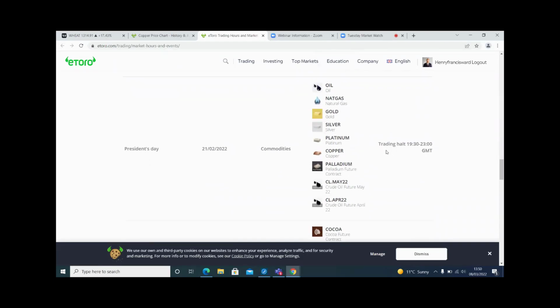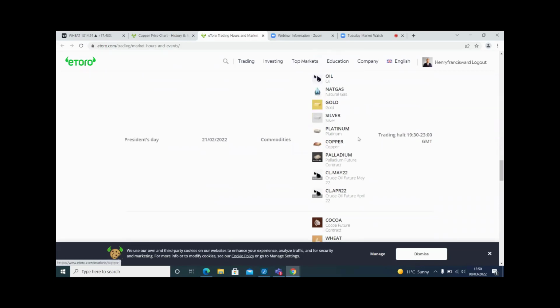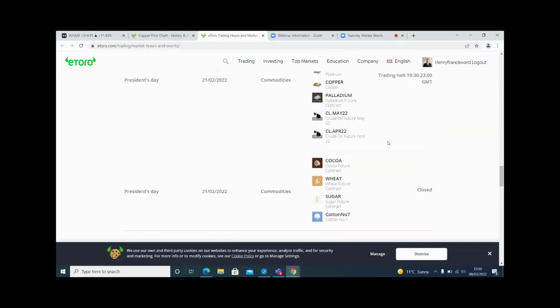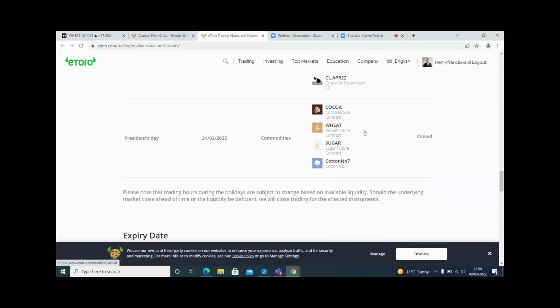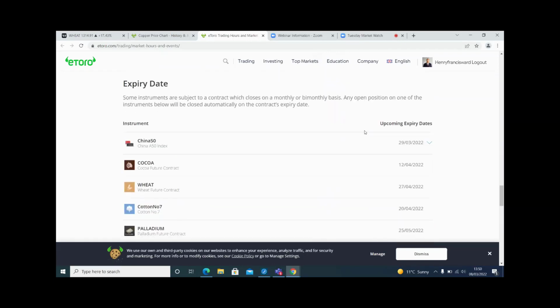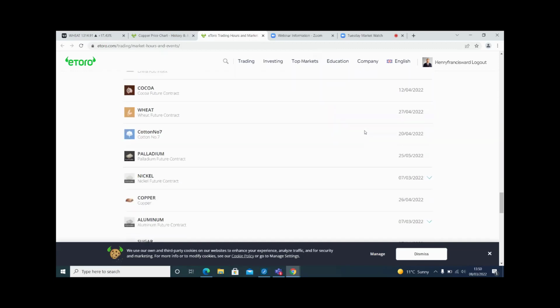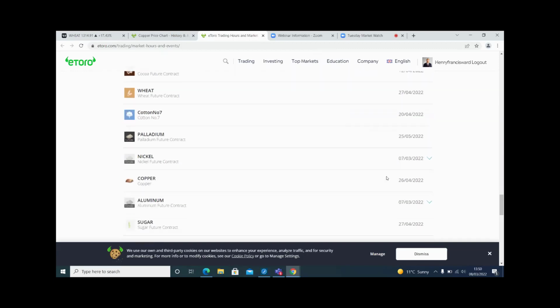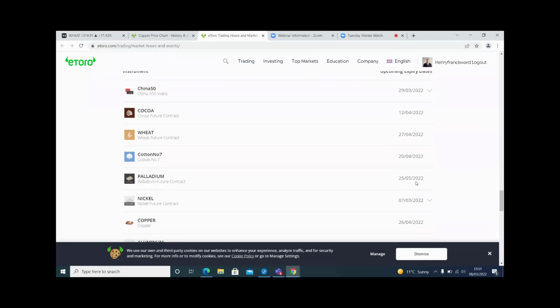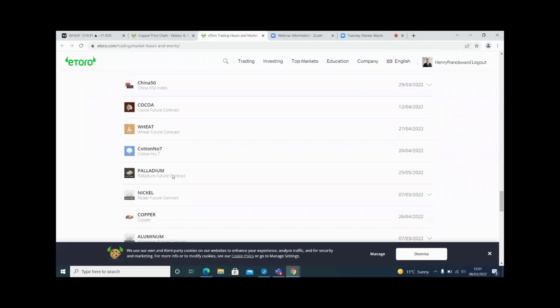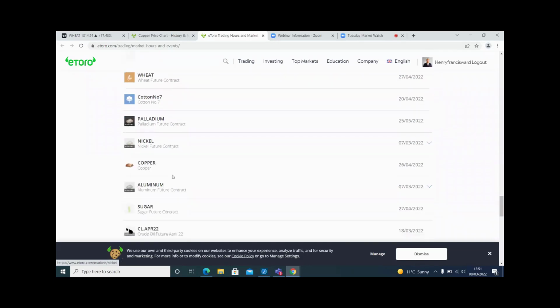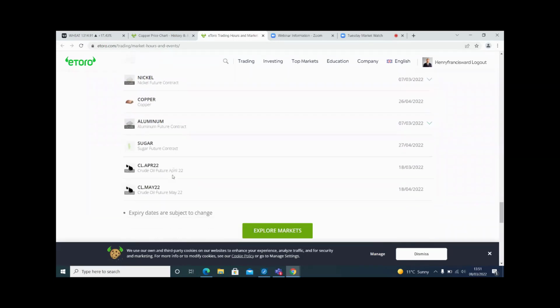halted trading. So on copper, there was trade halted. Closed. And now we're down to expiry dates. So copper expires on the 26th of the 4th. China expires. Cocoa, wheat, cotton, palladium, nickel, copper, aluminium, sugar.